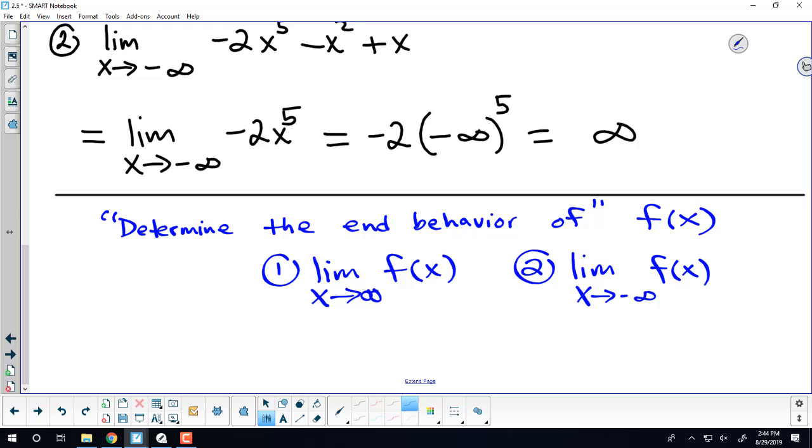Can anybody think of those? What functions would it be, when it says find the end behavior, where one or the other would suffice? Square root of x, yeah. So functions that have restricted domains, like even roots, logarithms, yeah. What else?